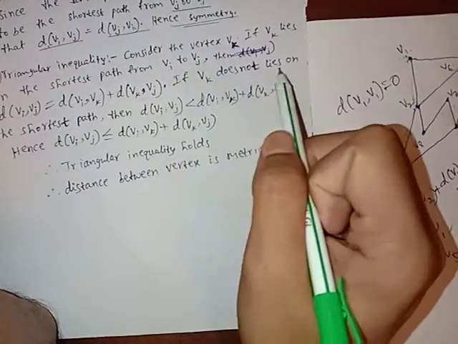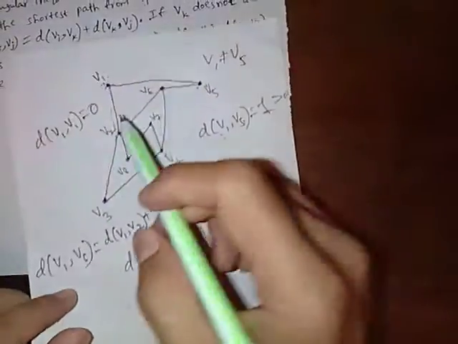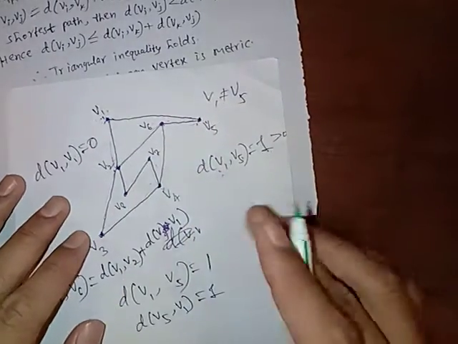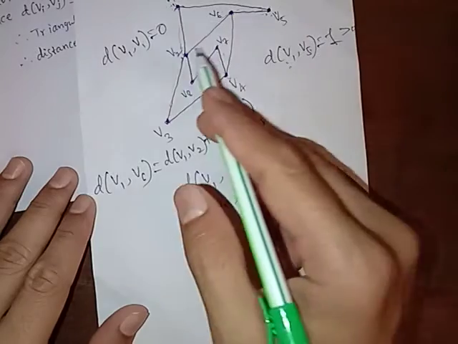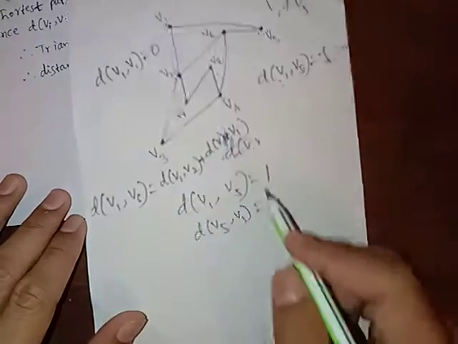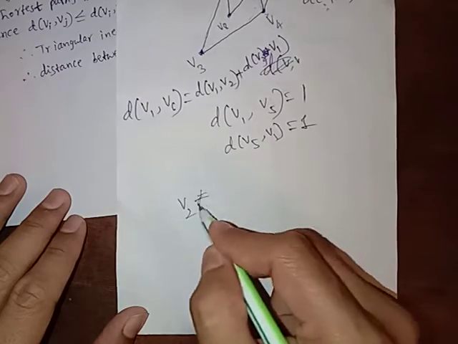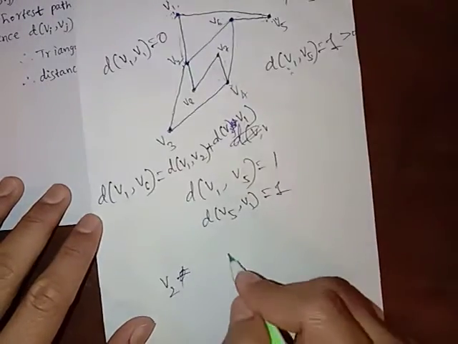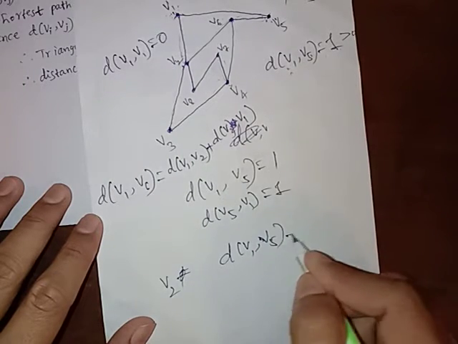If vk does not lie on the shortest path, for example, take v1 to v5 and now consider v2. v2 does not lie on the shortest path of v1 and v5. What is the distance between v1 and v5? It is 1.